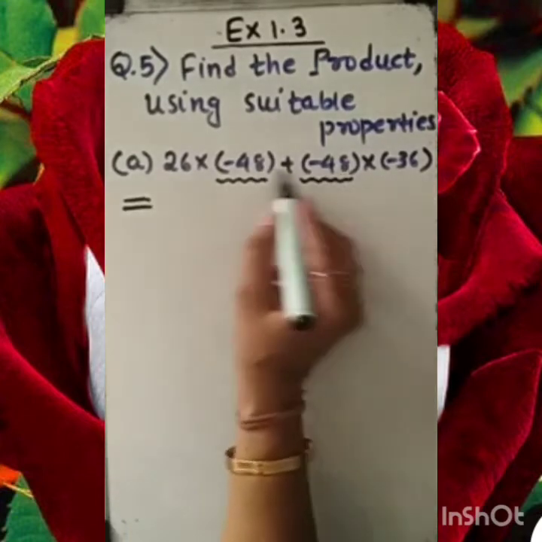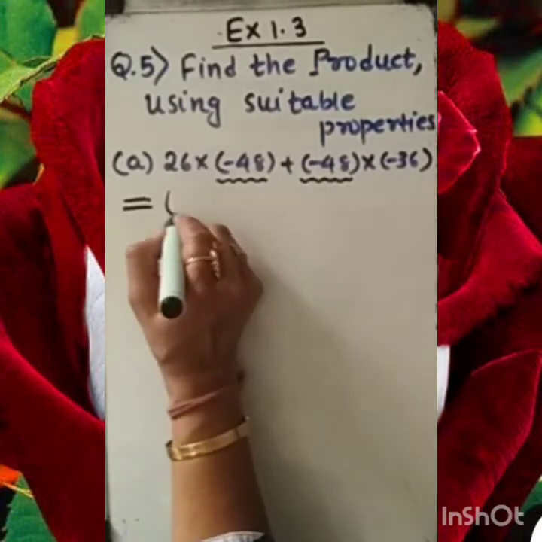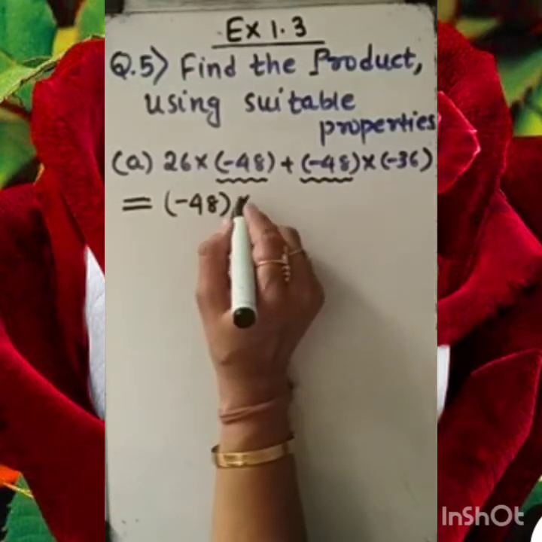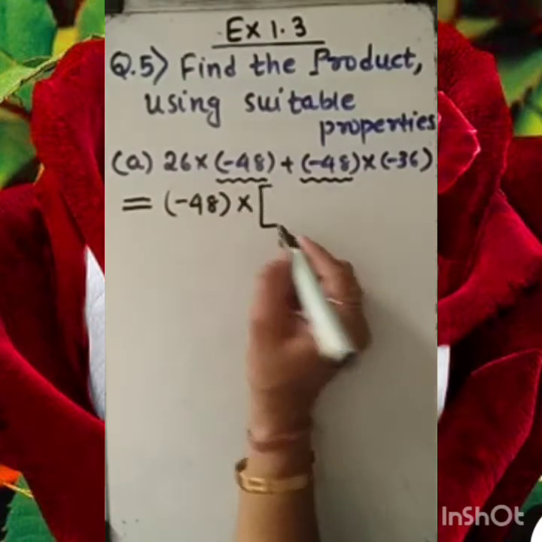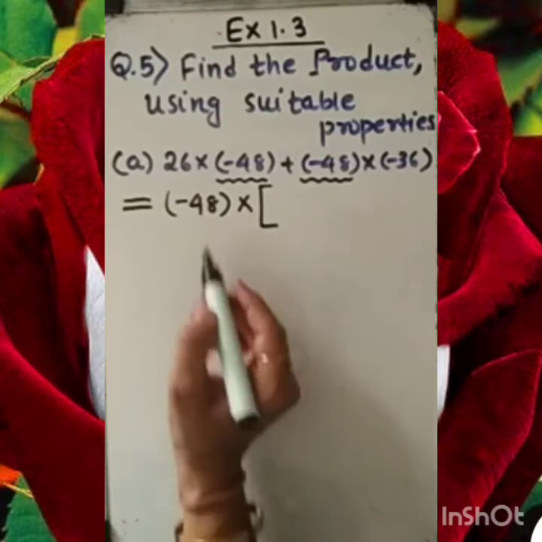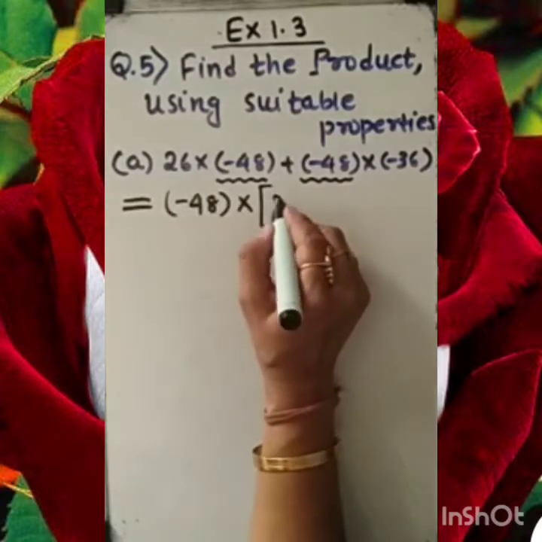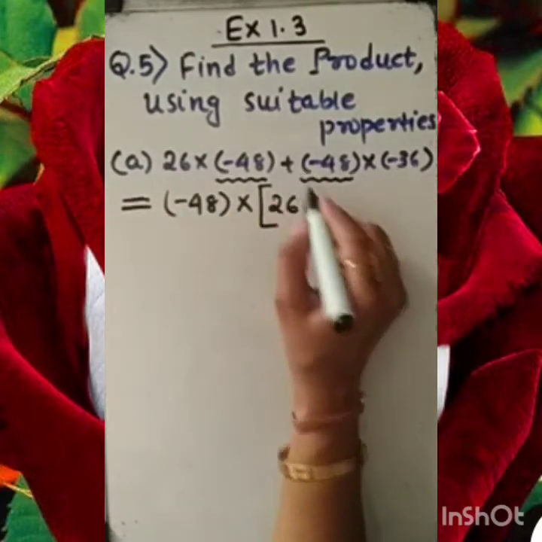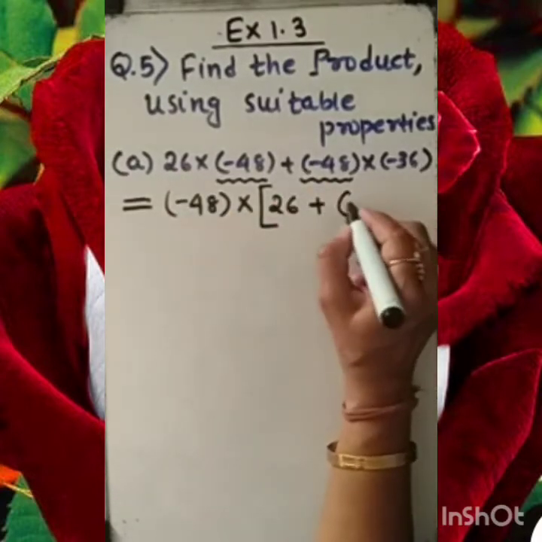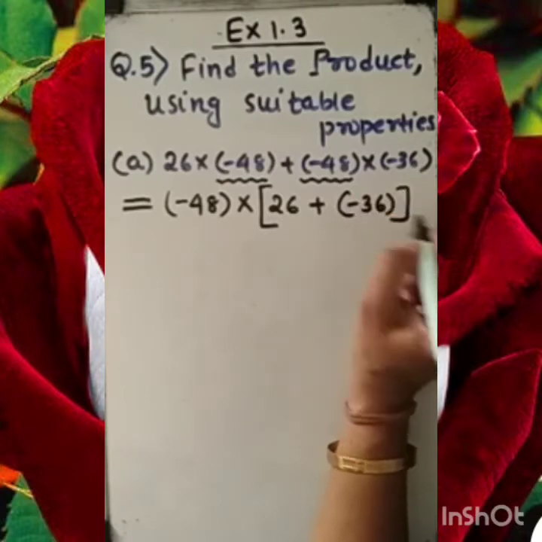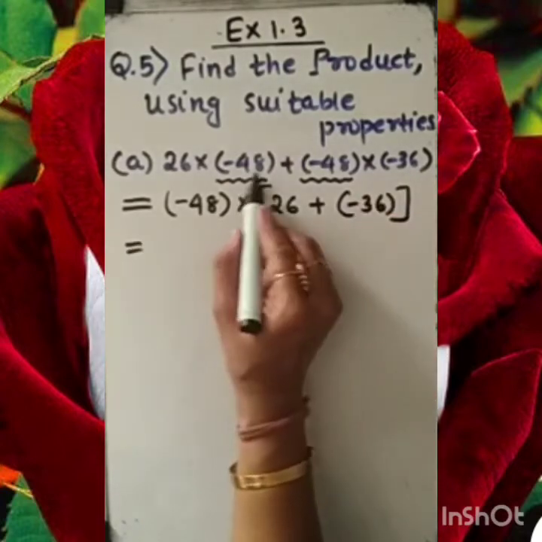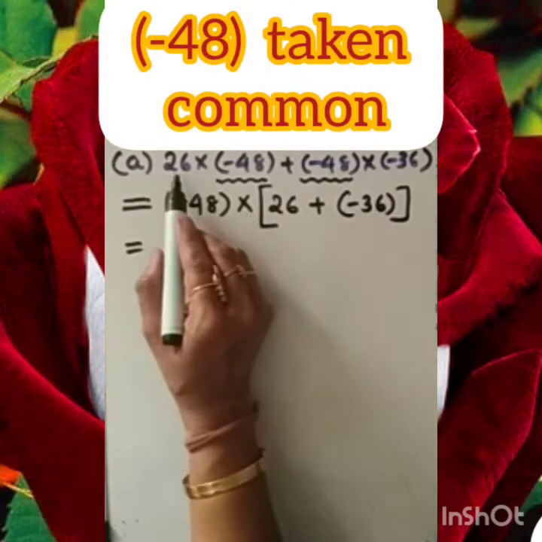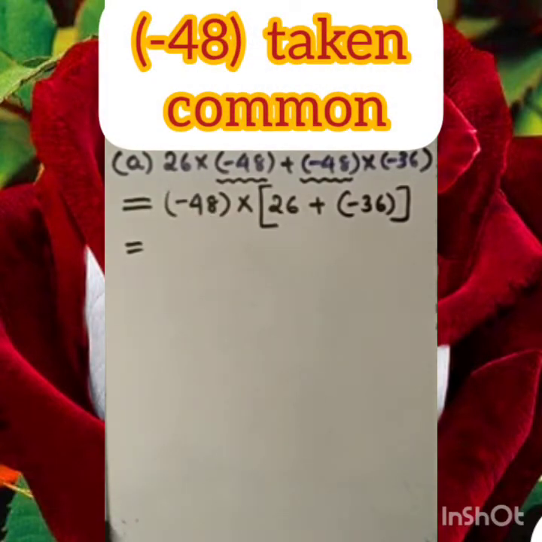Let me take out -48 common. Inside the square bracket, whatever is left over: 26 is left, and of course a plus sign, and here -36 is left.